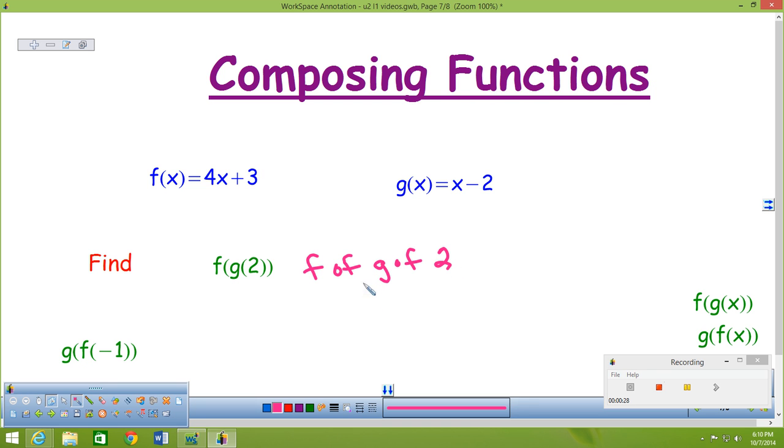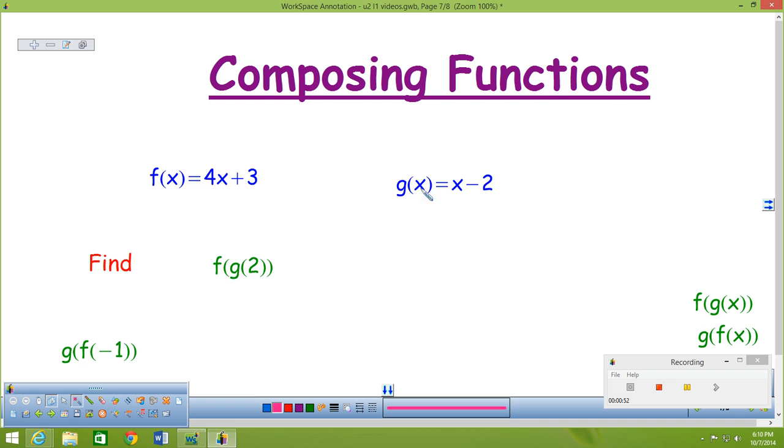What this means is we're simply going to put 2 in for x in the g function. We will find a value for that, and when we get an answer, we will place that answer into the f function. So first, let's find out what g of 2 is equal to.